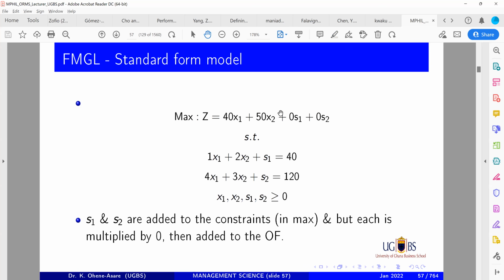If you look at it, what is the total gallons of milk that was used by this company? Remember, the usage is the left-hand side of the equation. The available is the right-hand side of the equation.